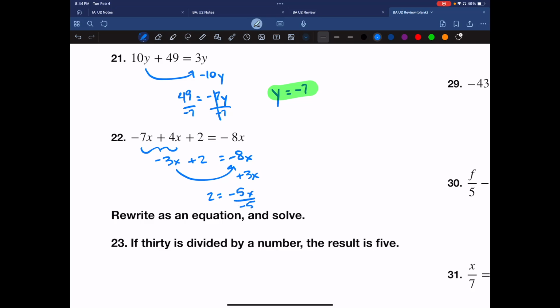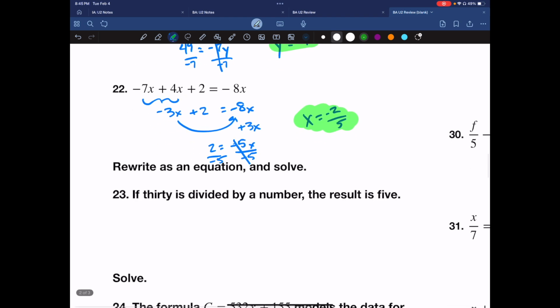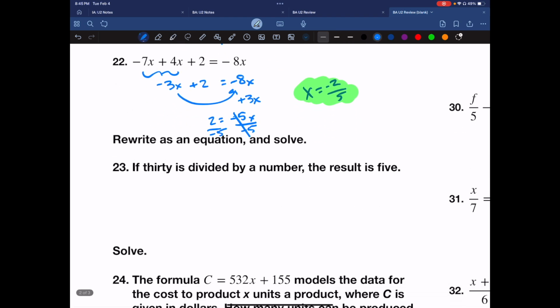You divide, and x equals negative 5 over 2. Or, if you're doing this correctly, it's negative 2 over 5. Right? Almost messed that up. Hopefully you were paying attention.